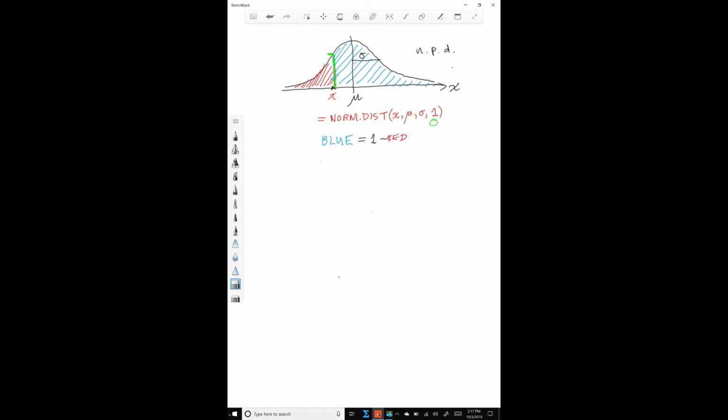The blue is 1 minus NORM.DIST, and then x, mu, sigma, and 1. So this norm thing here is the same as the red one up there, but as you can see, these two will add together to equal 1.